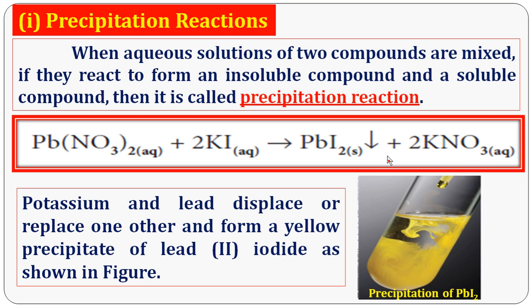Here potassium and lead replace their places. So, potassium and lead displace one another and form a yellow precipitate of lead(II) iodide as shown in the figure. You can see the picture. A yellow precipitate of lead iodide, PbI2, is formed.